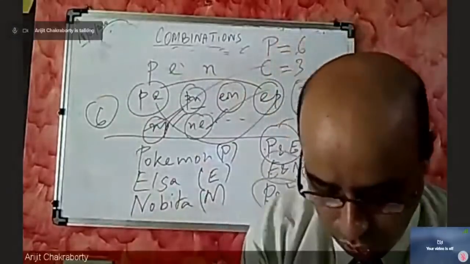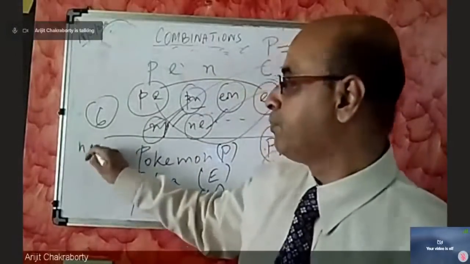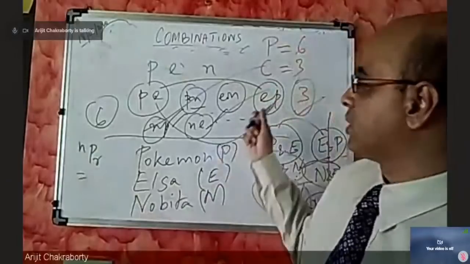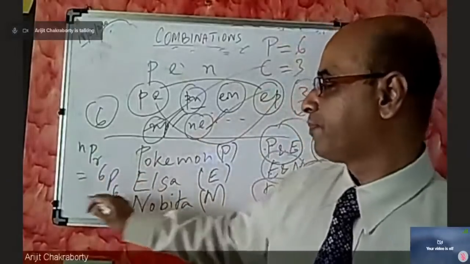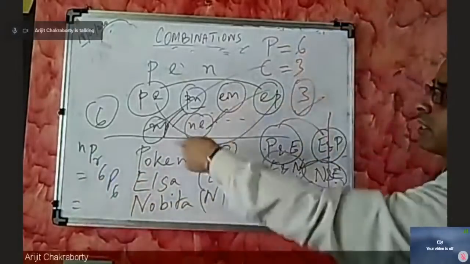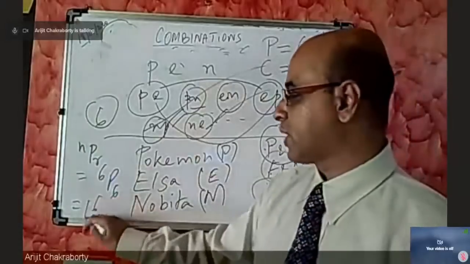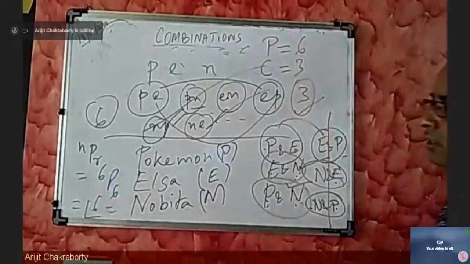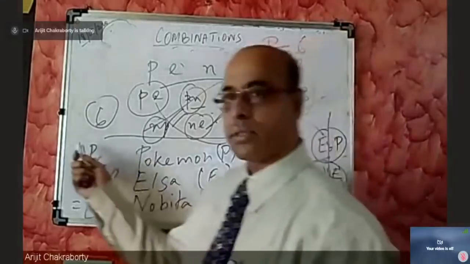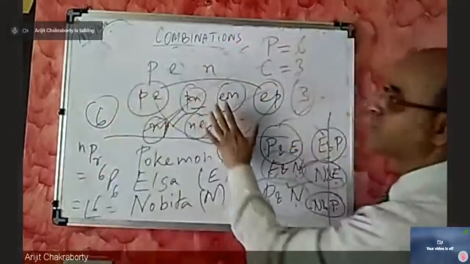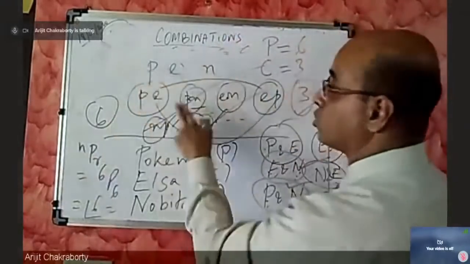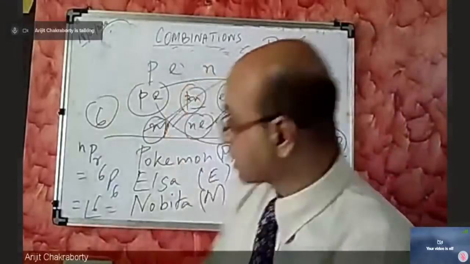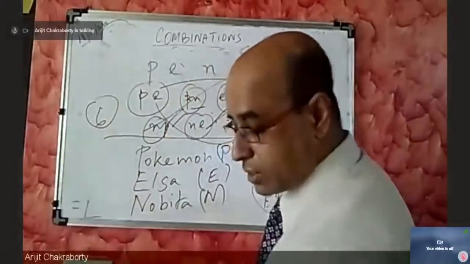Permutation it is 6, nPr. If you take 6P6, 6 objects, 6P6 is 6 factorial. But here we have taken 2 letters out of 6, so it will be 6P2.